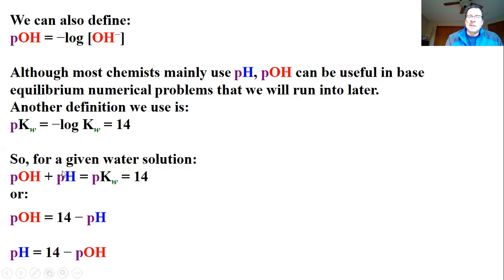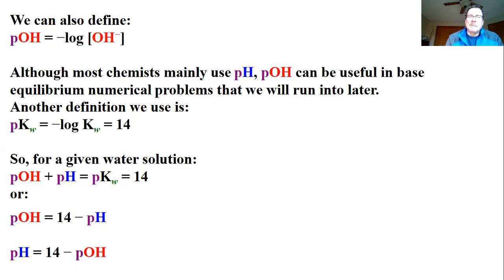And since H and OH multiplied together are 1 times 10 to the minus 14th, then with the log, if I just add them up, they'll equal 14. So if the pH is 3, the pOH has to be 11. If the pOH is 2, then the pH has to be 12.